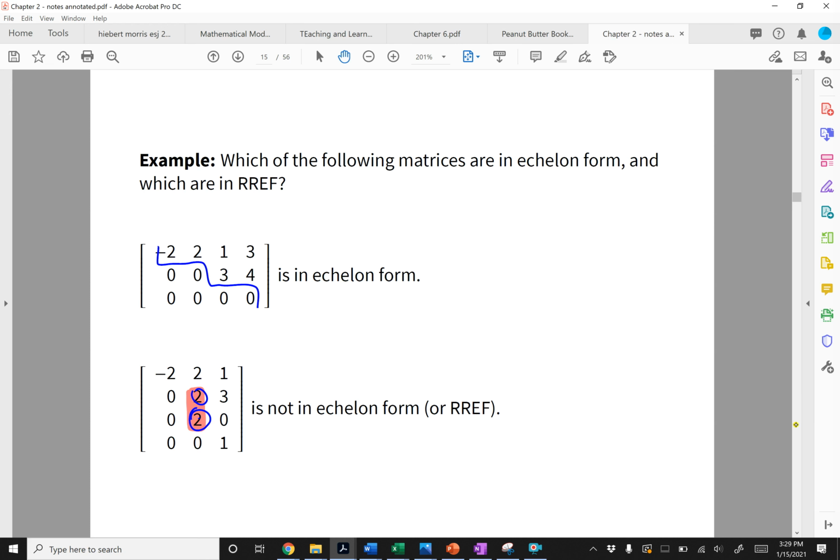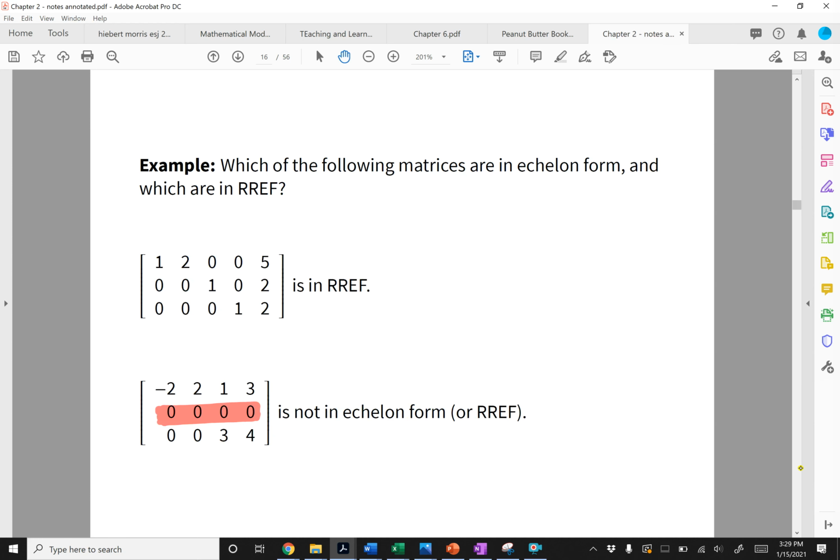So neither of these are in reduced row echelon form, because this would have to be a 1. This would have to be 1. Those are our 2 leading entries, and then this would also have to be a 0.